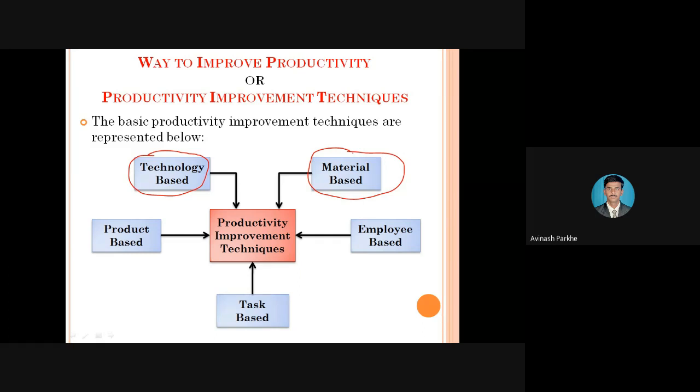So in order to reduce that wastage, we have to focus on material based improvement. Means we have to go for the proper planning of the material and its proper control.